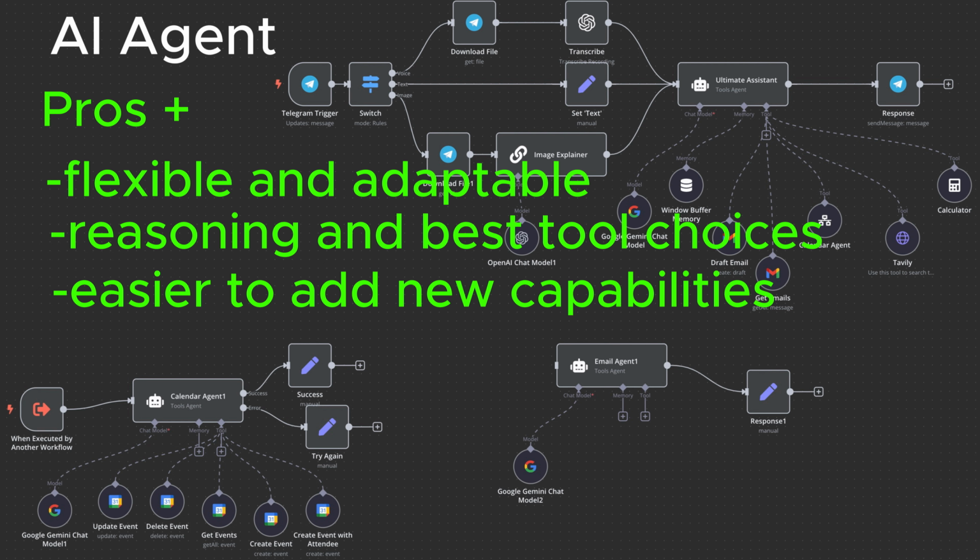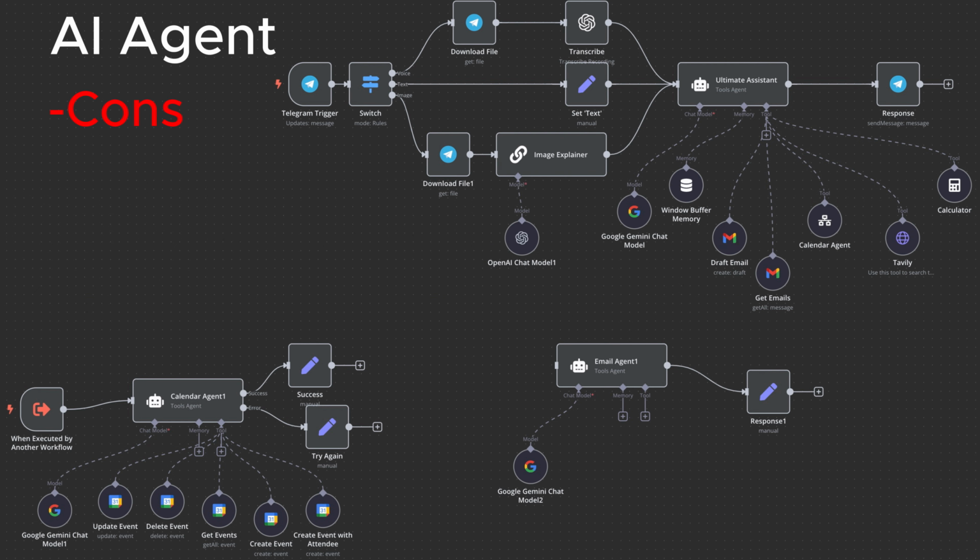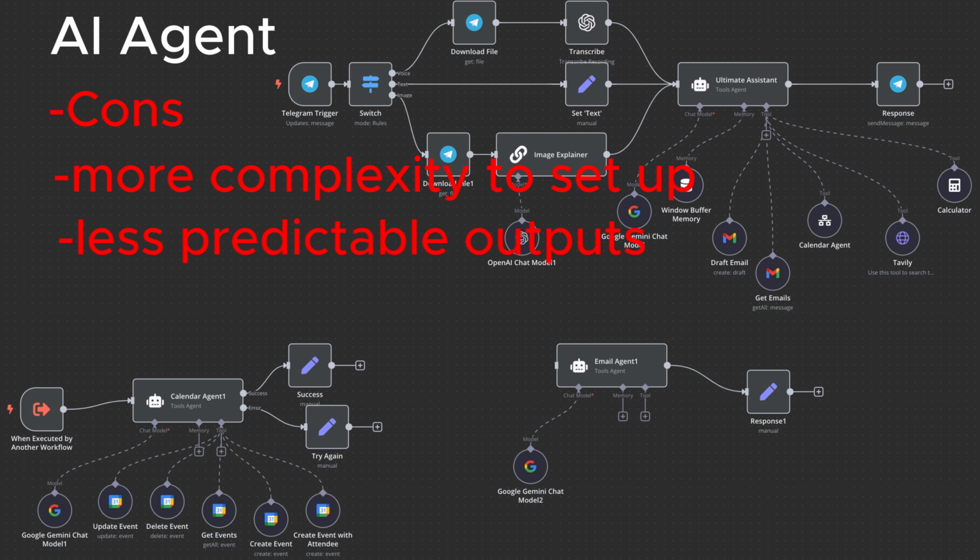On the downside, they can be more complex to set up initially, defining tools, memory, potentially more complex prompting. Outputs can be less predictable as the agent is making its own decisions. And it can be more expensive in token usage due to the internal reasoning and planning steps.